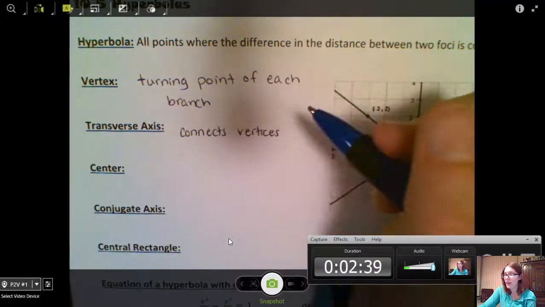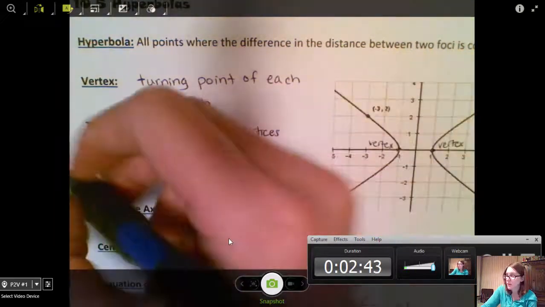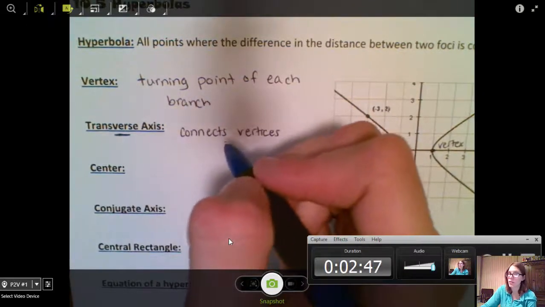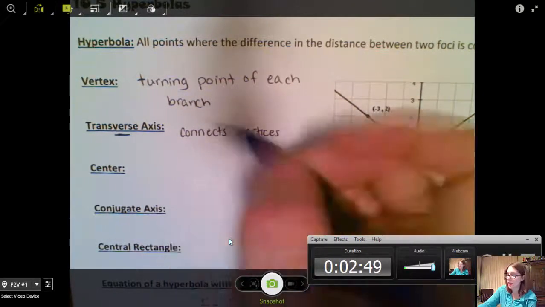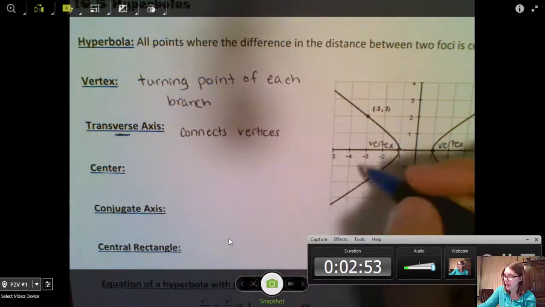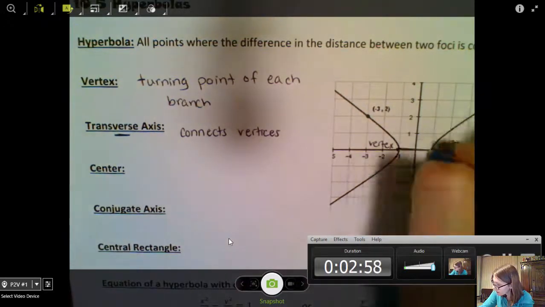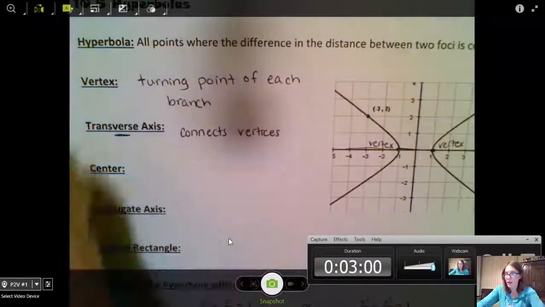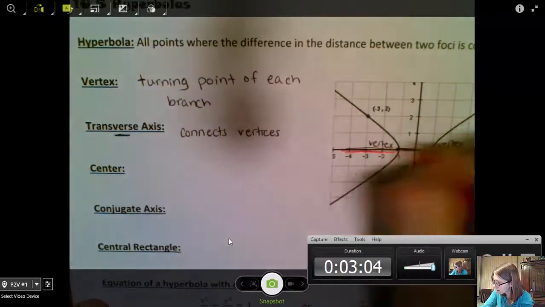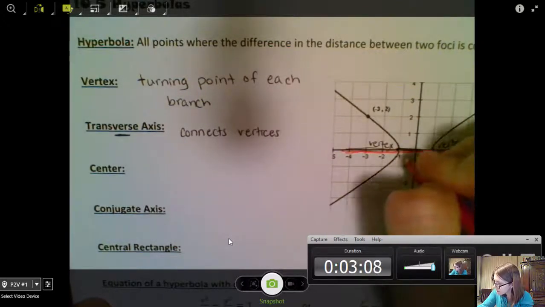The way that I like to remember that the transverse axis connects the vertices is transverse, vertices. We see that part of the word there. So the transverse axis in my diagram is going this way. I'll use a different colored pen here. Transverse axis goes this way.